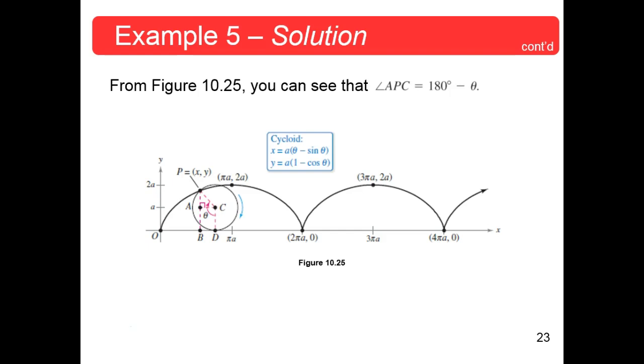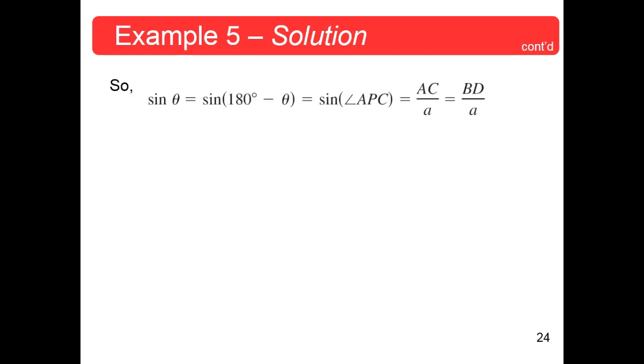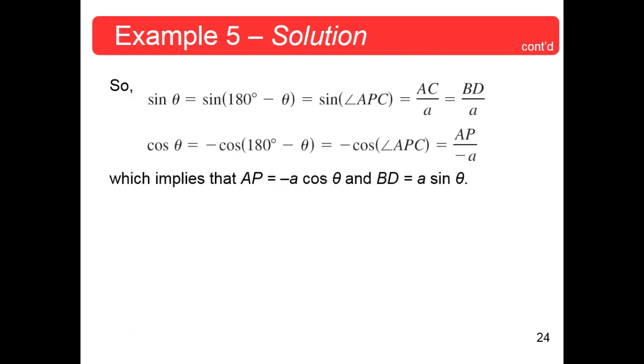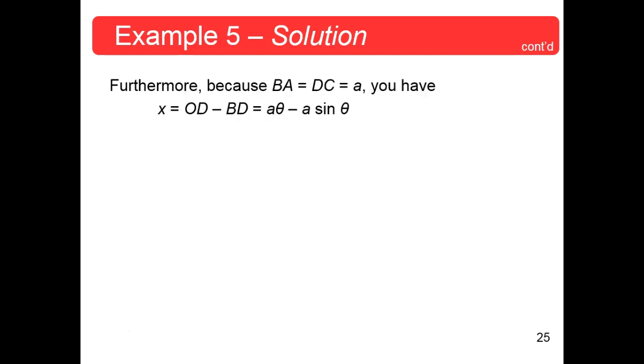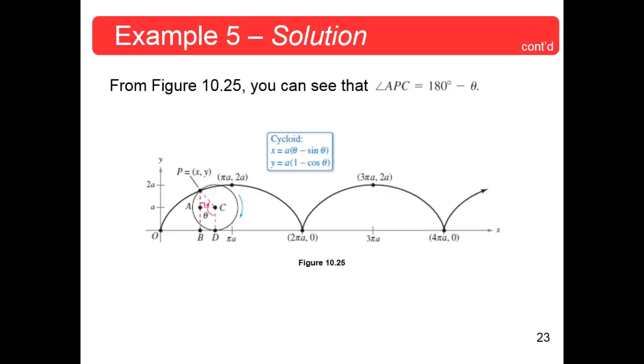Okay? So, what they're doing is plotting this out for you. So let's just stick to it. That's A theta, which is your total arc length, OD, minus A sine theta, which is that little bit you come back this way. And we saw that from before. Okay? Let's do it one more time.